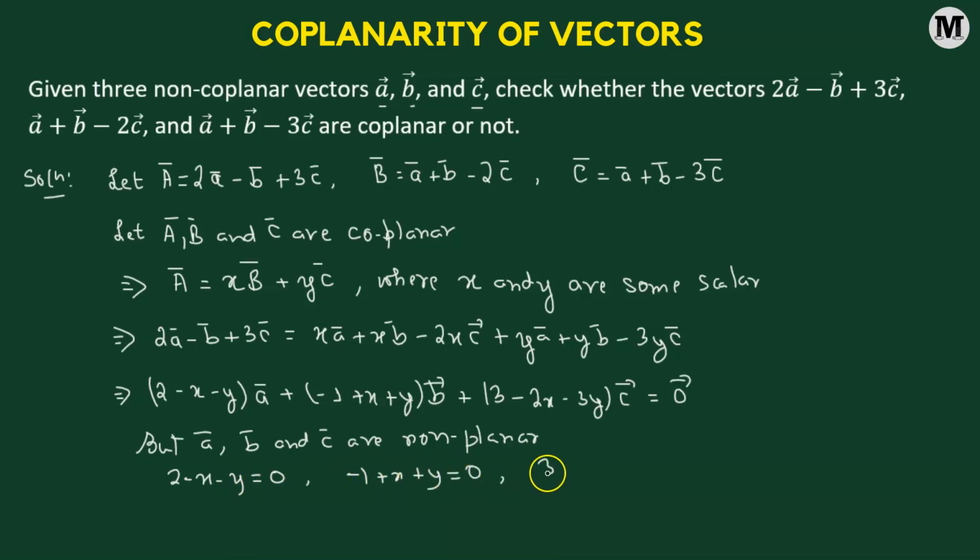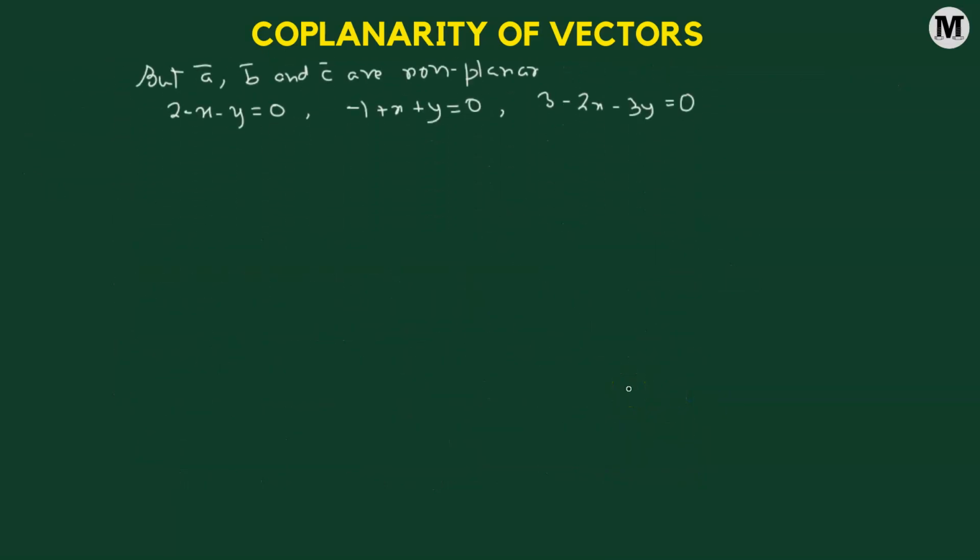And simultaneously 3 minus 2x minus 3y must be equal to 0 as well. Only then is this particular equation going to hold true. Now we'll pick up any two equations at a time. Let's label these: this is equation number 1, then equation number 2, and then equation number 3. We're going to pick any two equations at a time and solve for the values of x.